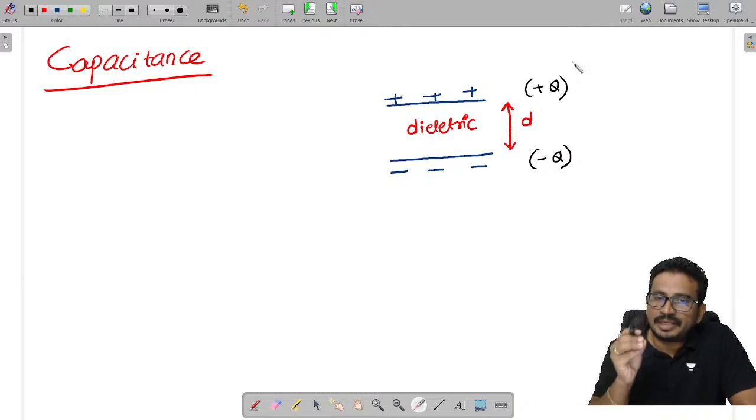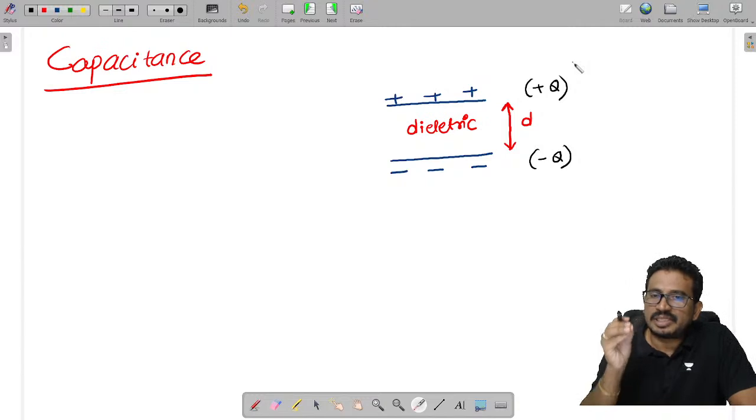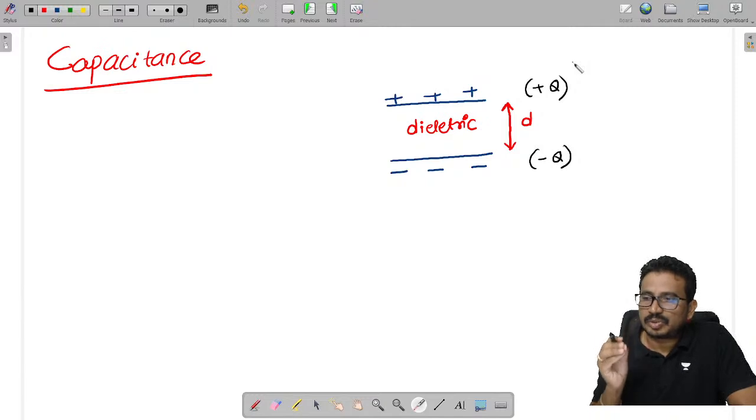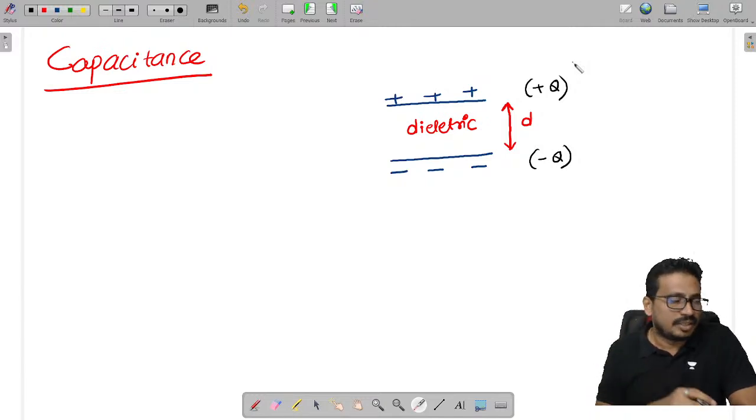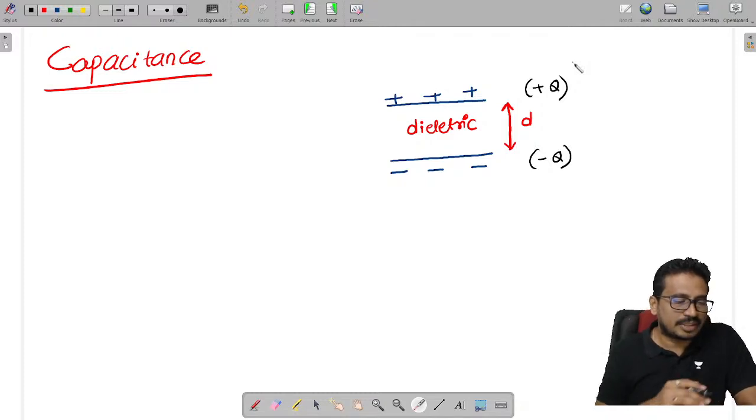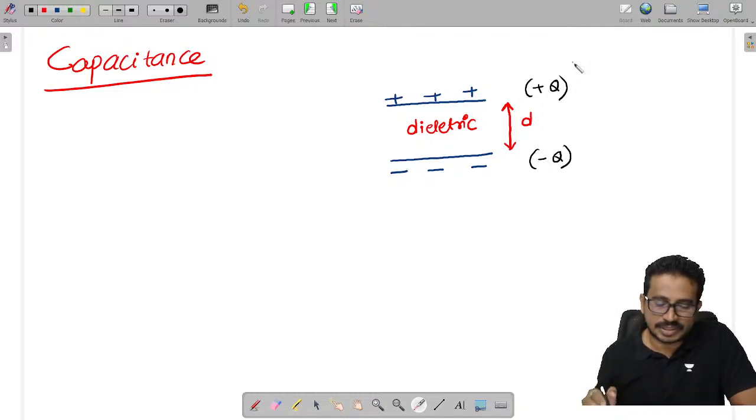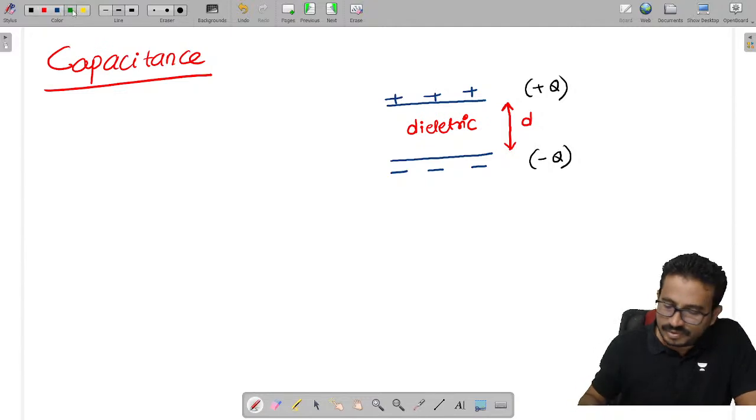The ability to store the energy in the form of electric field is called the capacitance of the capacitive system. Fine, all of you.